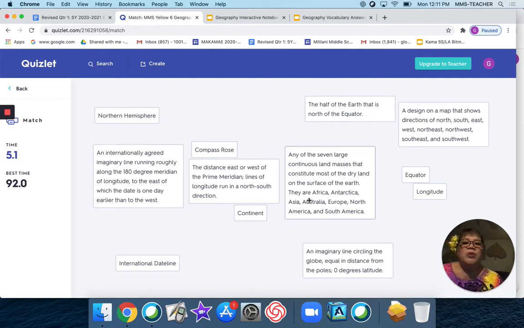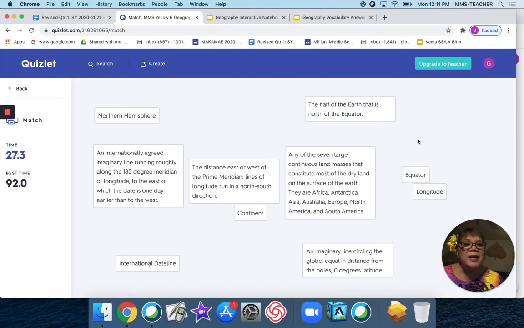So I'm going to read it, and then I'm going to match it up. If I see a design on a map that shows directions north, south, east, west, northeast, northwest, southeast, and southwest, that's a compass rose. So I'm going to click on it, and I'm going to move it right on top of it, and it disappears.